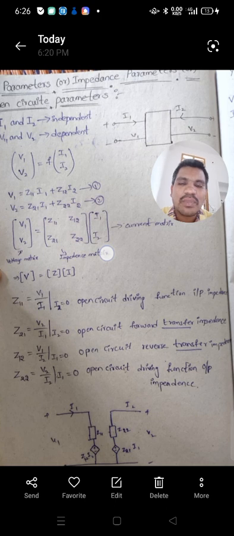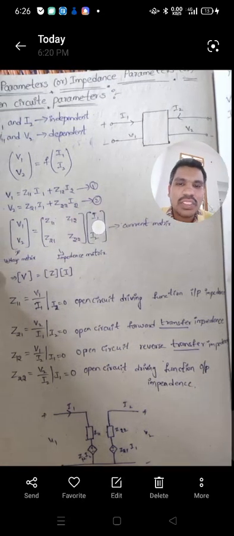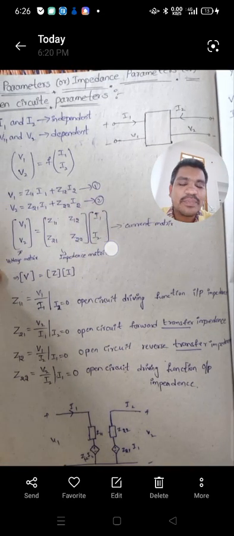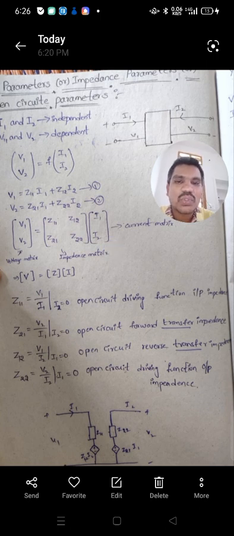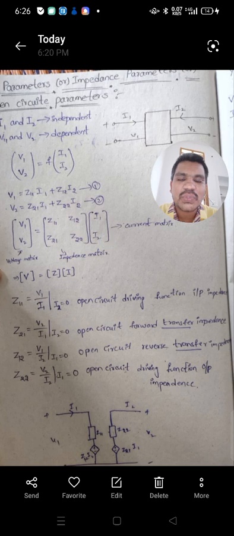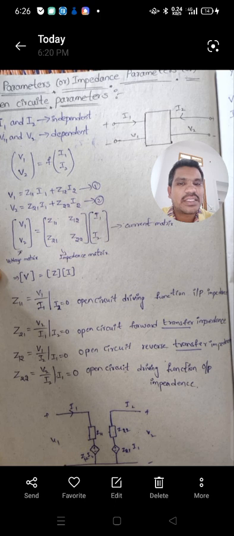If we do the matrix multiplication between the 2 by 2 matrix and the 2 by 1 current matrix, we get the two KVL equations. This matrix is called the voltage matrix, the 2 by 2 matrix is called the impedance matrix, and I1 I2 is called the current matrix.